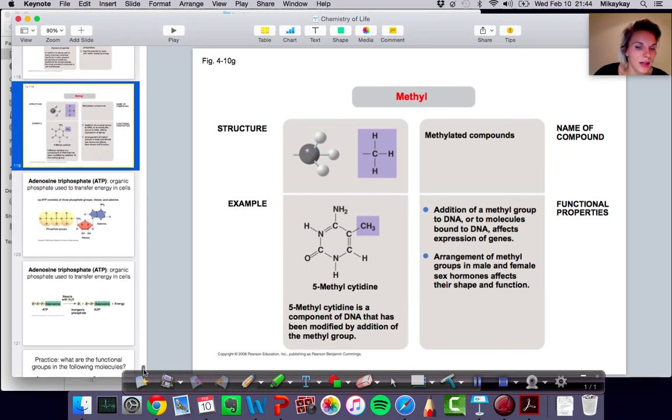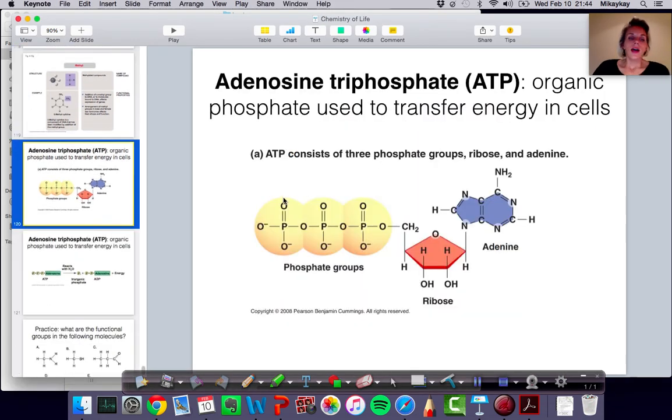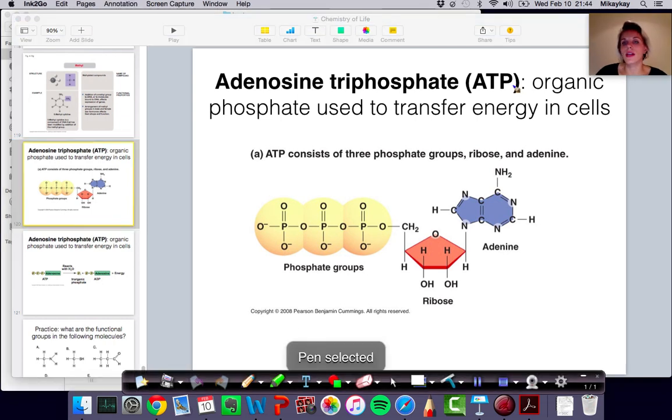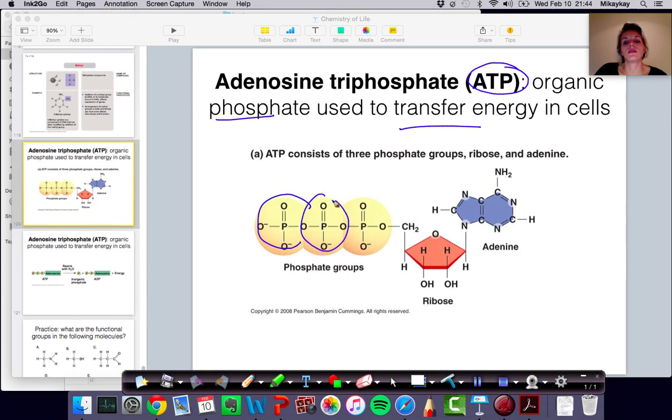Almost done. Almost there. A really important type of phosphate that we'll learn more about is adenosine triphosphate, also known as ATP. It's a phosphate-containing compound that's used for transferring energy in cells, and it has 3 phosphate groups that are connected to each other, so PO4, 3 times, and it's connected to a sugar and an adenine.